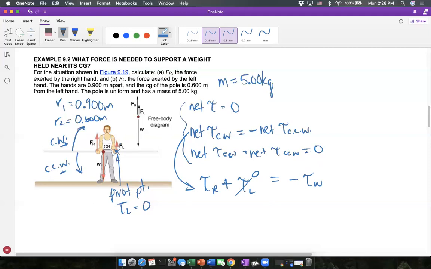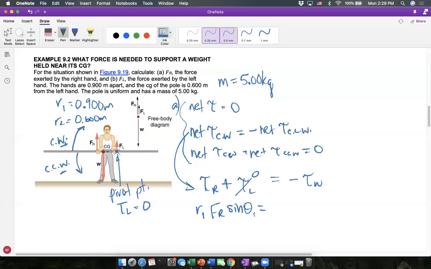This is for part A, I should have put that somewhere. From there we can say the torque of the right hand is going to be our radius, and that is from hand to hand, so that's going to be R1, times our force, F sub R, times sine theta. What is our sine theta here?